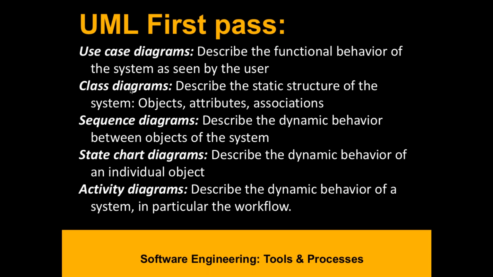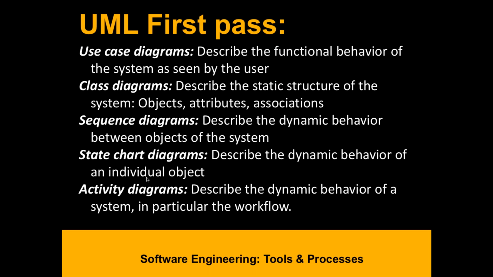State charts are specifically used for any complex object within the software system that has a lot of dynamic behavior. And activity diagrams, on the other hand, also describe dynamic behavior, but with a focus on the workflow within a software system or a subsystem. So the focus is on coming up with that workflow.